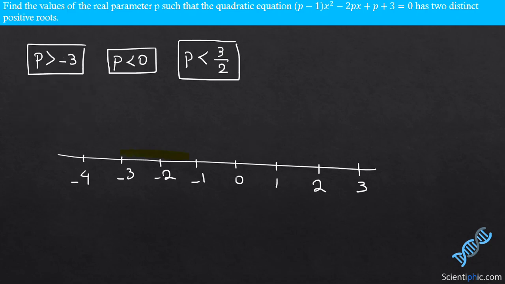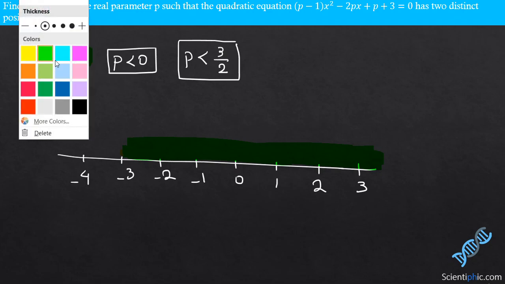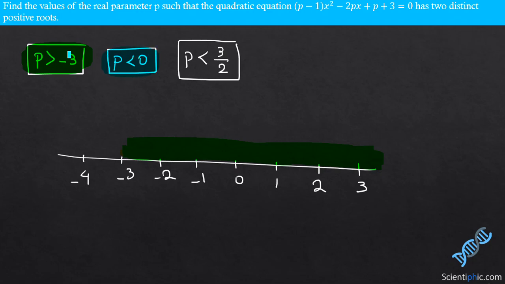So these are all the values that p can get according to the first inequality. According to the second, p has to be less than 0. In the range shown by green, the only part that is acceptable is this part that I'm gonna show.